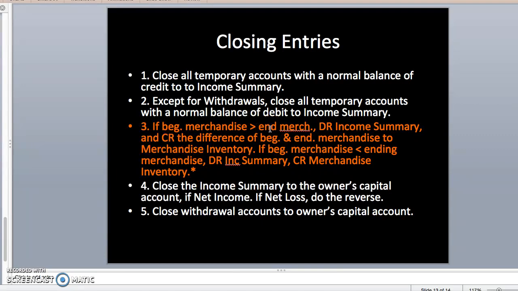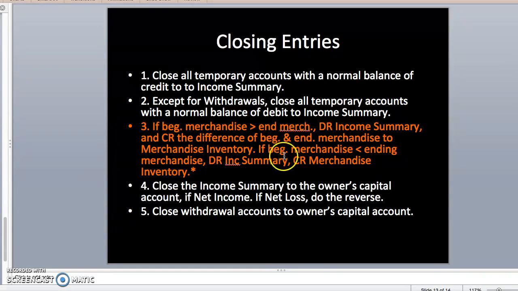So what we're going to do is we will get the difference of the beginning and ending merchandise. And by doing so, we will debit income summary and credit the difference, that is, if merchandise beginning is greater than merchandise end.